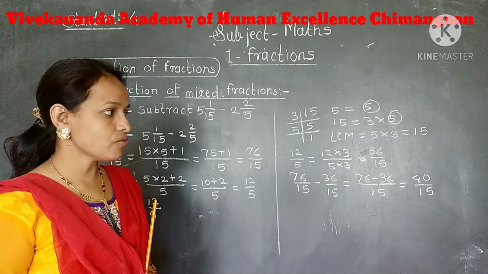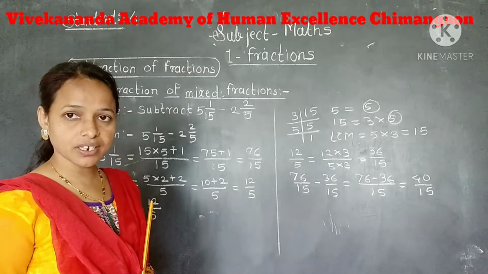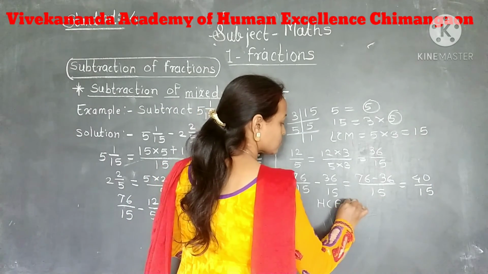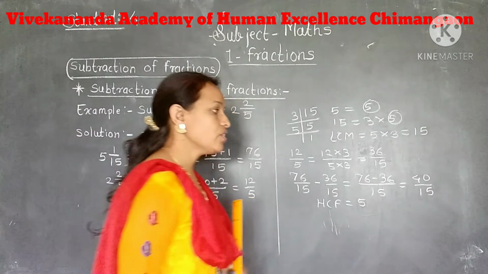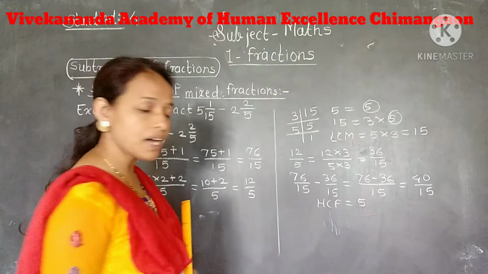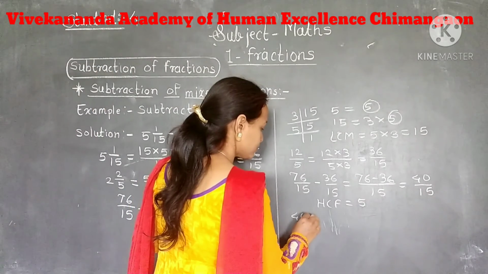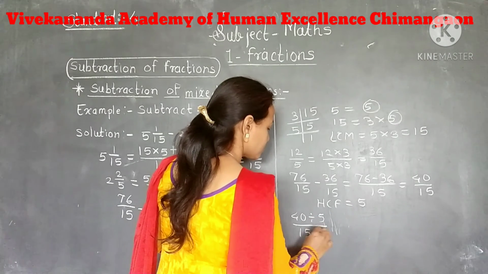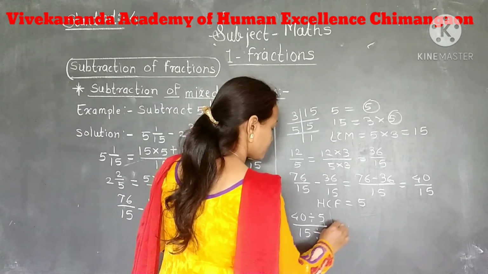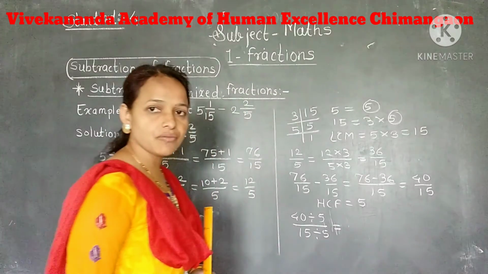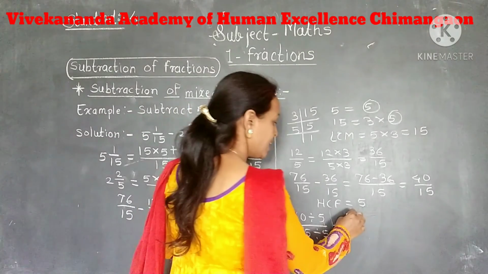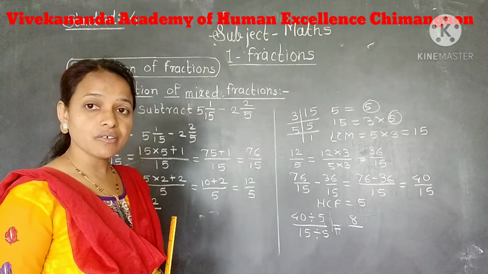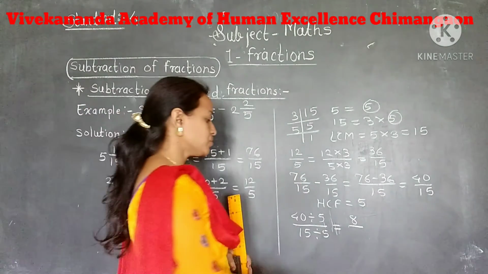So the HCF of 40 and 15 is 5. So we divide 40 and 15 by 5. By dividing 40 by 5, we get quotient 8. And by dividing 15 by 5, we get quotient 3.